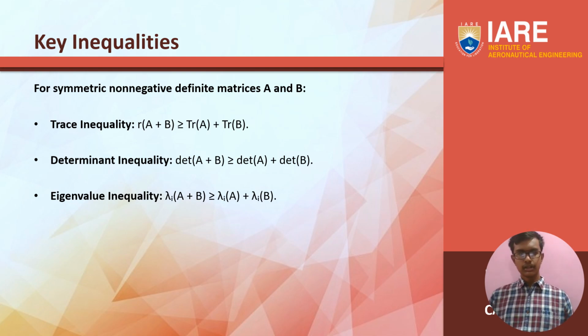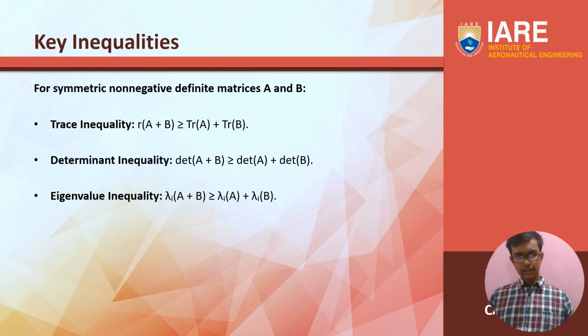That means trace of A plus B is greater than or equal to trace of A plus trace of B. And the determinant inequality is that the determinant of the sum of those two matrices is greater than or equal to the sum of their determinants. That means determinant of A plus B is greater than or equal to determinant of A plus determinant of B.